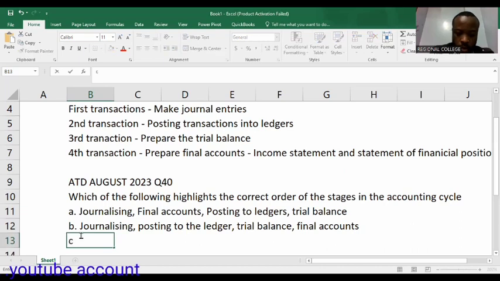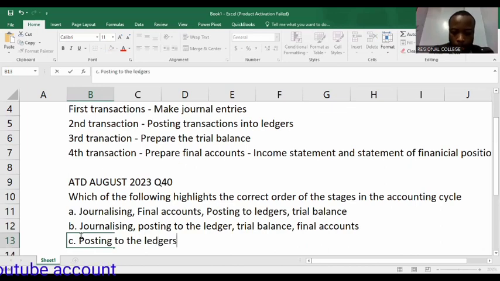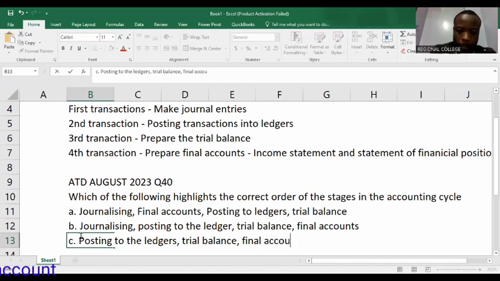Then C says posting to the ledgers, trial balance, final accounts, and journalizing.